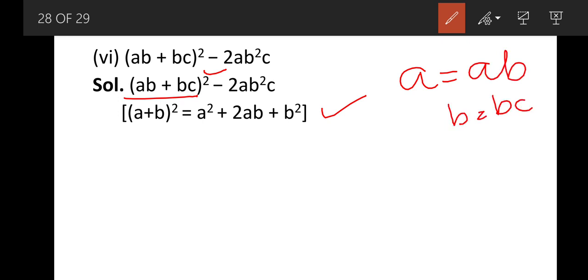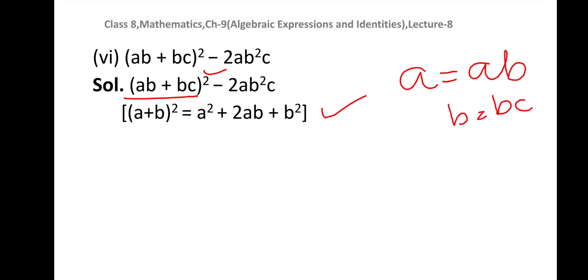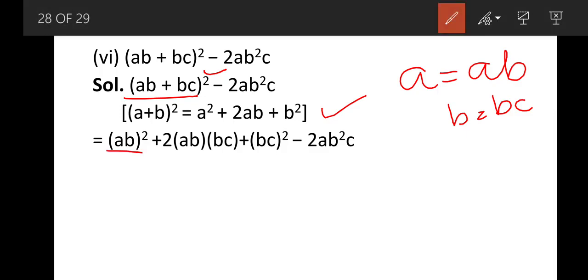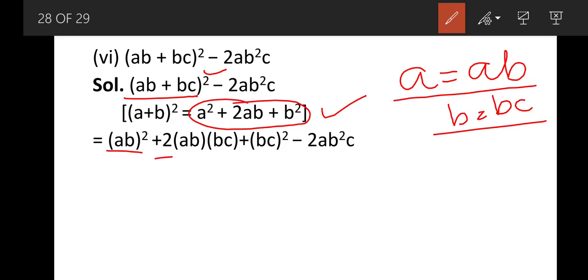So it will be a square, ab square, because a is ab and b is bc. So you are supposed to put the values on the right hand side. Here put the values of a and b simply. You will be getting ab's whole square plus 2ab into bc plus bc whole square. And this was the term which was present in the question. So it will be written as it is.